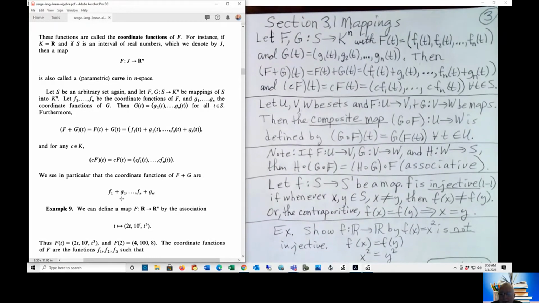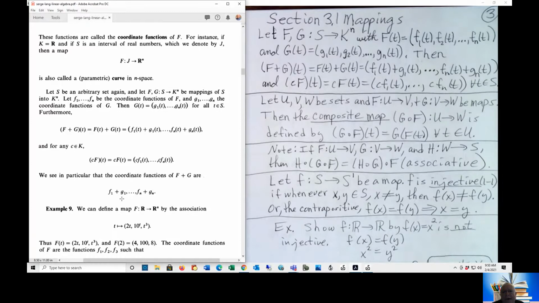So let f and g be two mappings going from set S into Kn, where f of t is defined by its set of coordinate functions, f1, f2 through fn, and g of t is also defined by its set of coordinate functions, g1, g2 through g sub n.